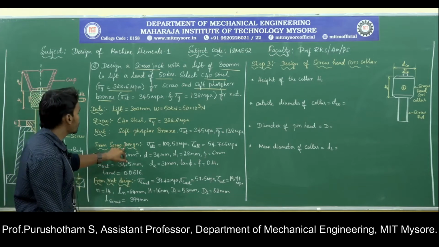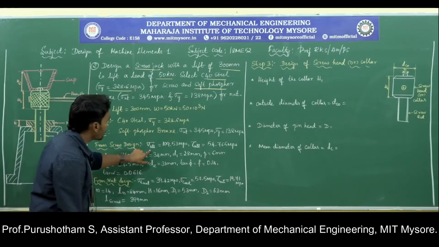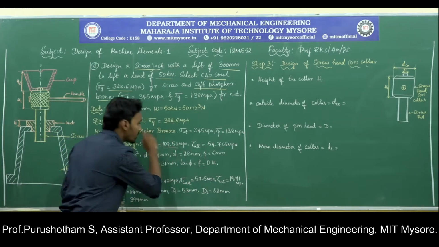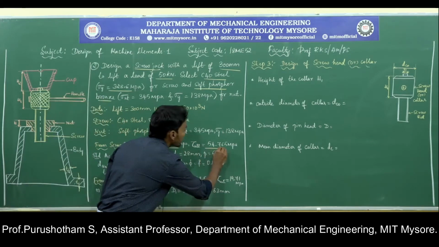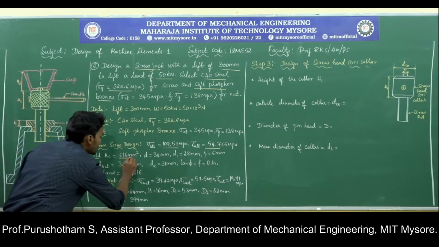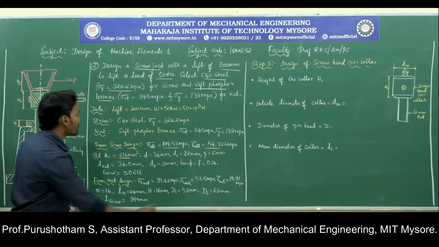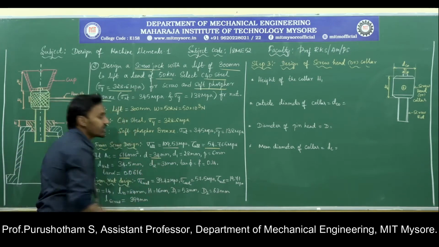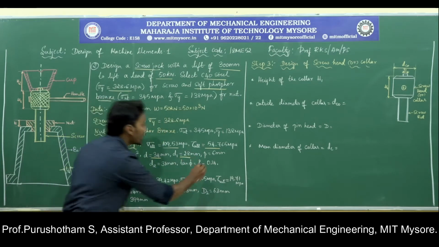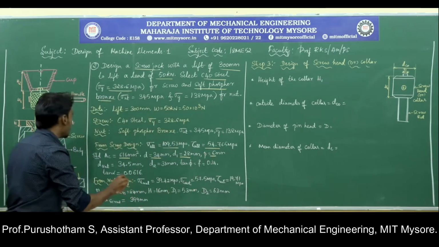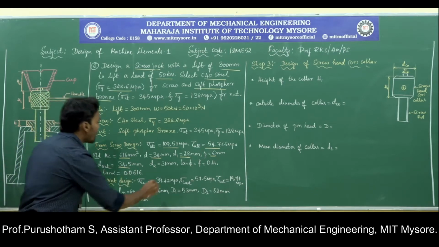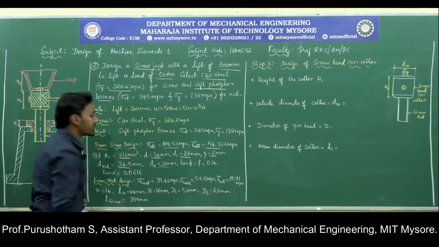From the design of the screw rod, what did we get? The allowable stress of the screw material is 109.53, the allowable shear stress is 54.76, the standard core area is 616 millimeter square, the major diameter of the screw is 34 mm, the minor diameter is 28 mm, the pitch is 6 mm, the major diameter of the nut is 34.5 mm, and the mean diameter of the screw is 31 mm.